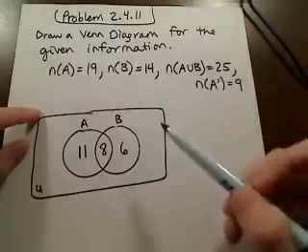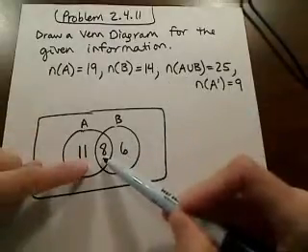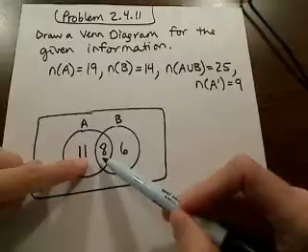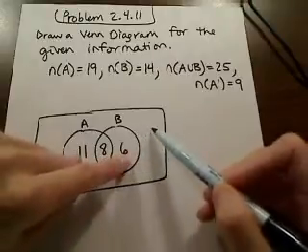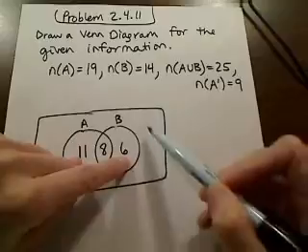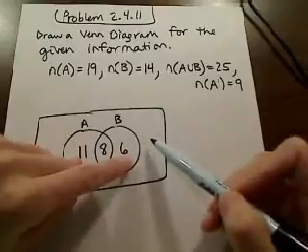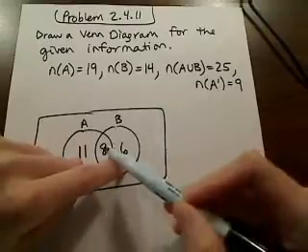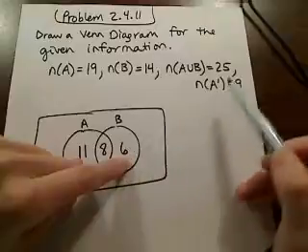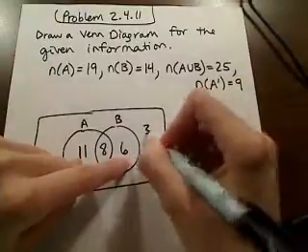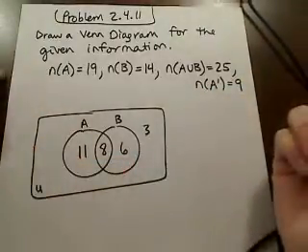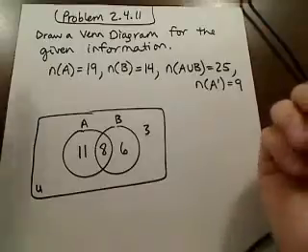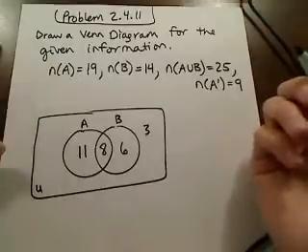These two regions are in A, which means not in A is this region and this region out here outside the sets. If there's already 6 elements not in A in this region, and we need 9 total, then there's going to be 3 elements out here. And that would be that for this Venn diagram.